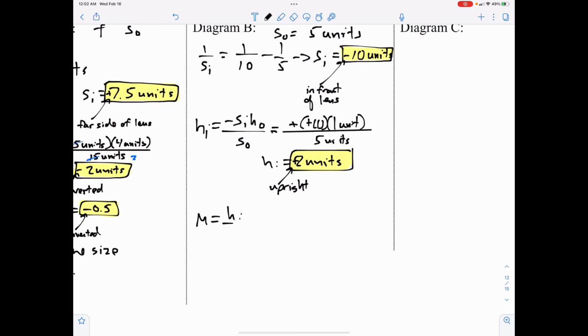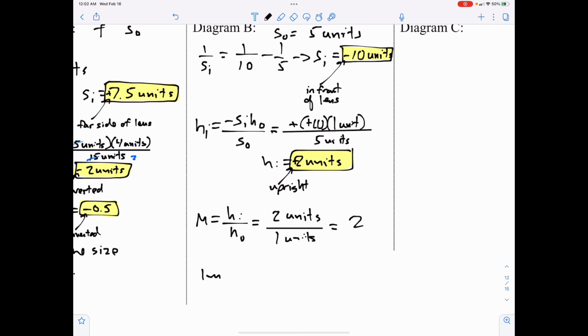Magnification, HI over HO, so it's going to be 2 units high divided by the object height, which was 1 unit high, which means we get a magnification of 2.